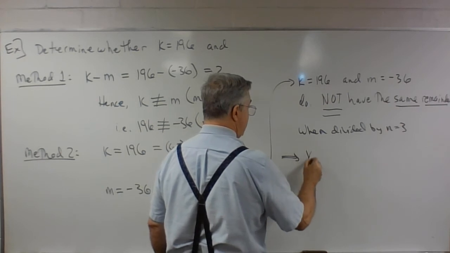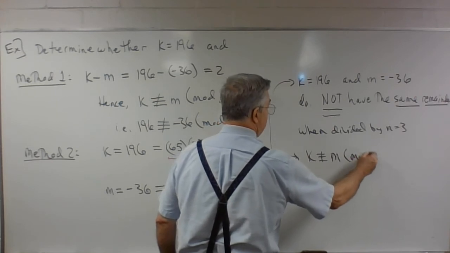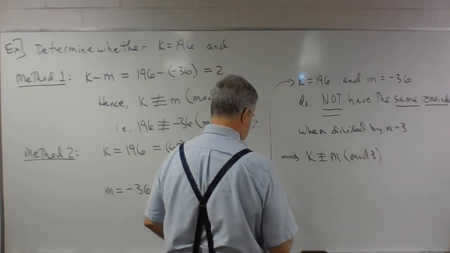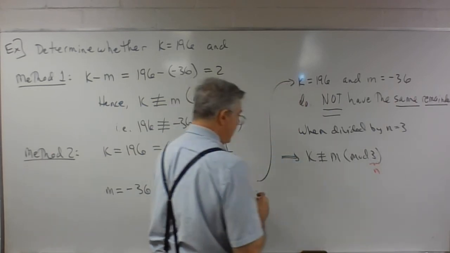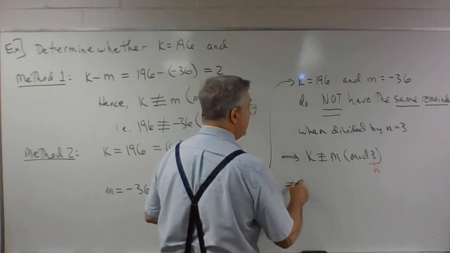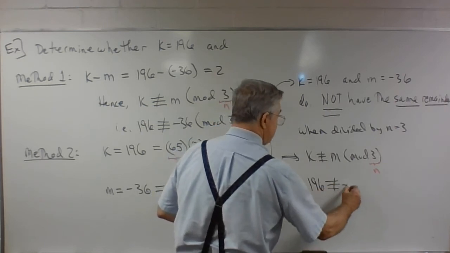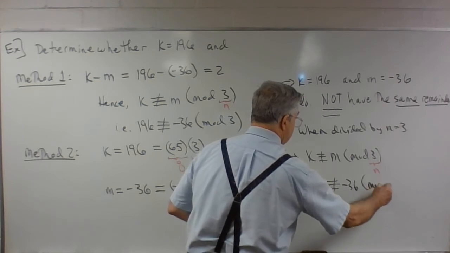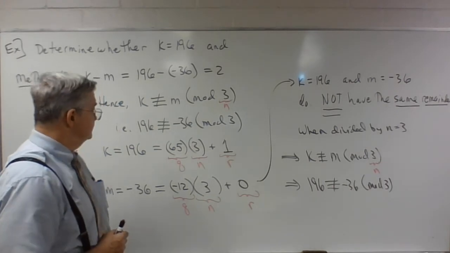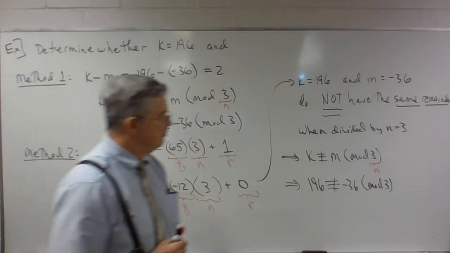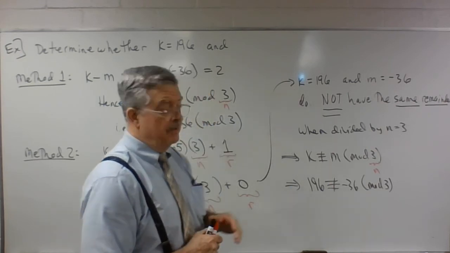So that means k is not congruent to m mod 3, where 3 is our n, or in terms of the numbers themselves, 196 is not congruent to negative 36 mod 3. So we get the same result, but it's just a different way of doing it.